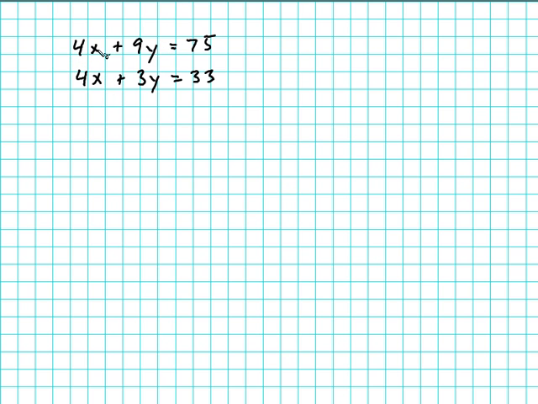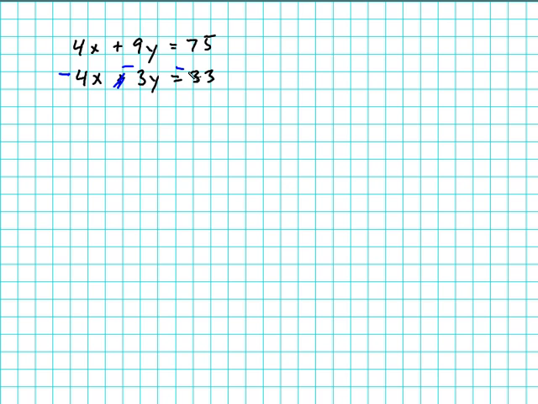And so now, if I wanted to add them, they wouldn't cancel out. I could subtract them, but it's actually better if you do that in 2 steps. If I take one of the equations and multiply through by minus 1, it'll change one of the 4x terms into a minus 4x. So let's multiply every term here by minus 1.